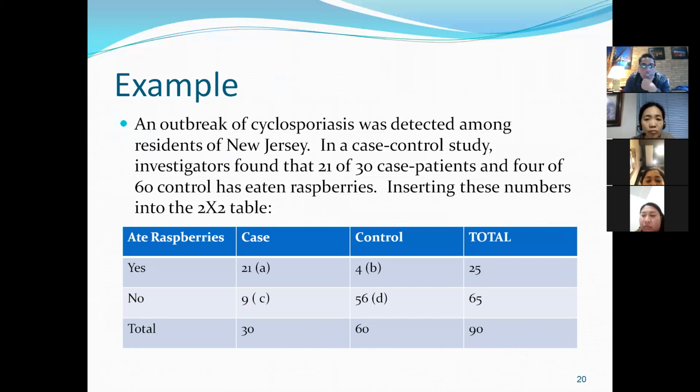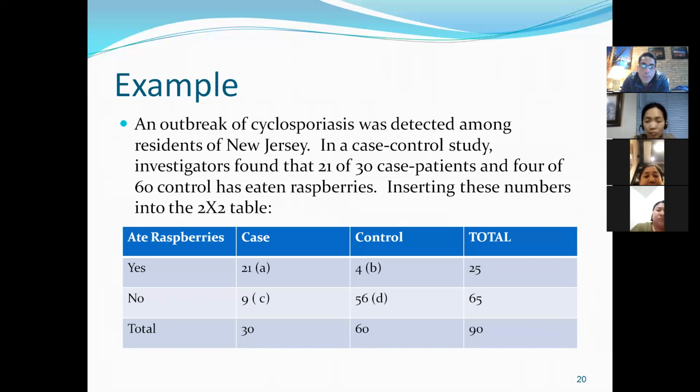So A, there were 21, and those who did not have the disease and did not eat the raspberry, 9. For the control, there were 60, and out of the 60, only 4 had eaten the raspberry. So you have 4, represented by B. And for those who did not eat and did not have the disease, they have 56, represented by the letter D.